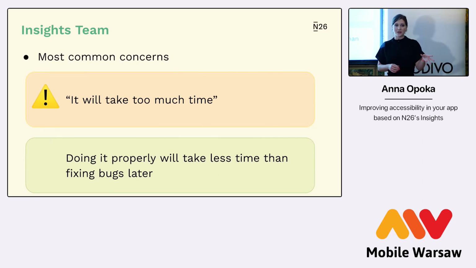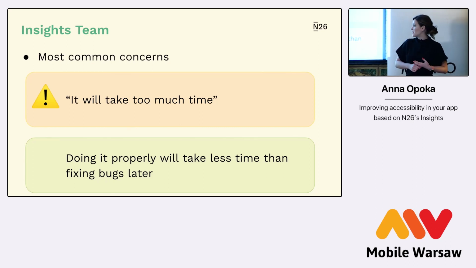We talk about, okay, do we hide, do we group? It's a one-liner in the code. So doing it properly from the beginning takes less time than later finding and fixing bugs connected to, I don't know, auto layout or VoiceOver. So definitely doing it properly will take less time than fixing the bugs later.